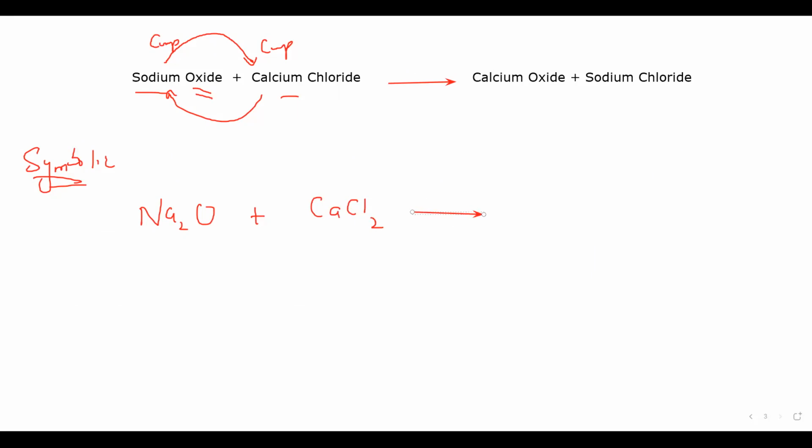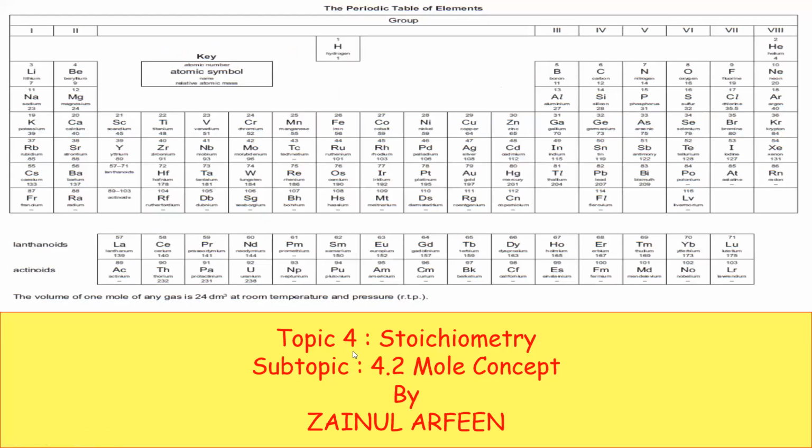And this formed calcium oxide, another compound. So calcium oxide means a combination of calcium and oxygen. So how do we write the formula of calcium oxide? There is calcium and oxygen. Calcium is group 2, plus 2, oxygen is group 6. So calcium is plus 2, oxygen is minus 2, but we can further simplify to the simplest ratio.